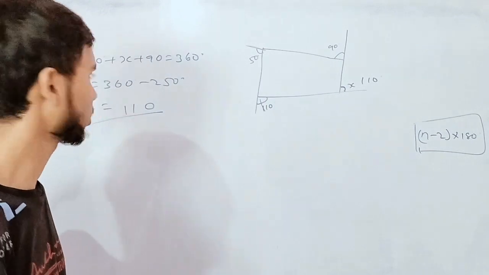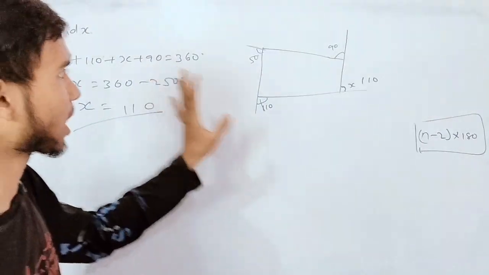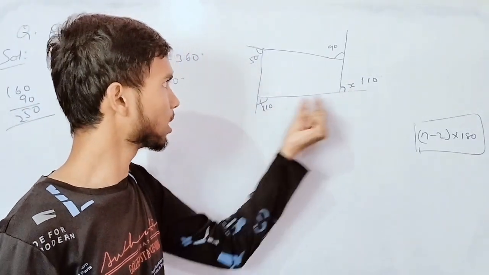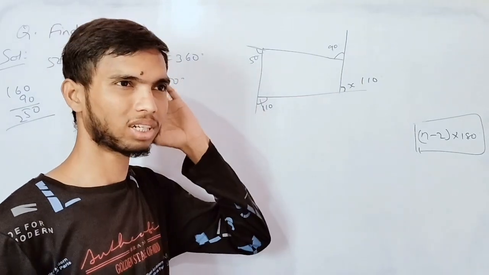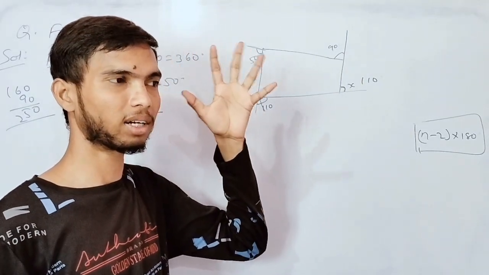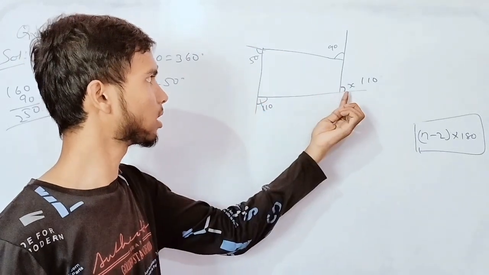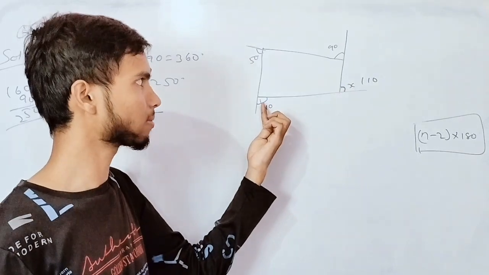Without doing that, we can also find this. We have alternate exterior angles, and this is equal to this.